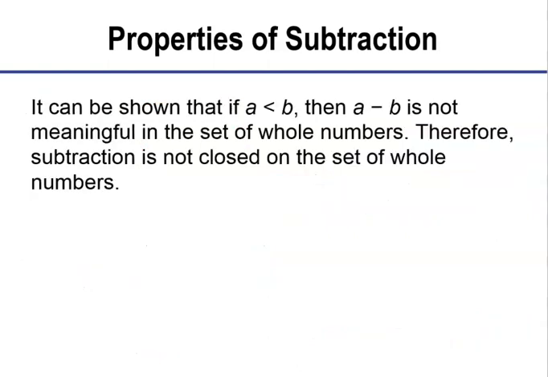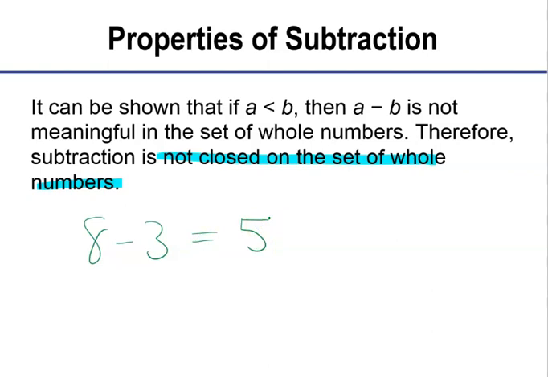It can be shown that if A is less than B, then A minus B is not meaningful in the set of whole numbers. Therefore, subtraction is not closed over the set of whole numbers. We mentioned that just a few minutes ago. We know that 8 minus 3 is equal to 5.